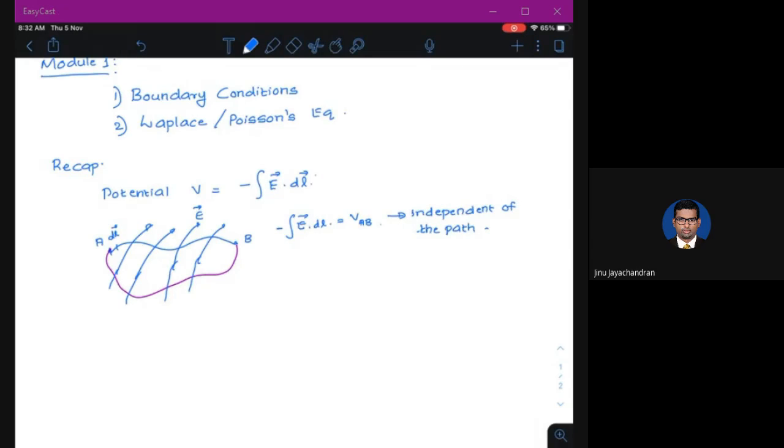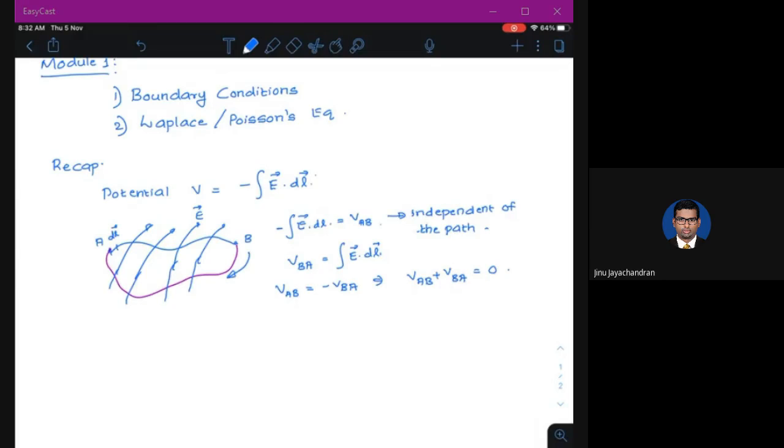So if I go in the reverse direction, that is from B to A, if I want to do some work, then VBA will be equal to integral E dot dl without the minus sign. Or you can say VAB is equal to minus VBA, which implies VAB plus VBA is equal to 0.